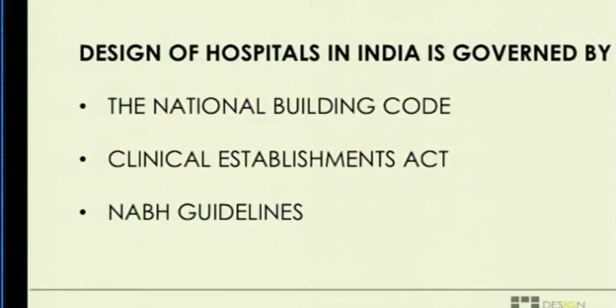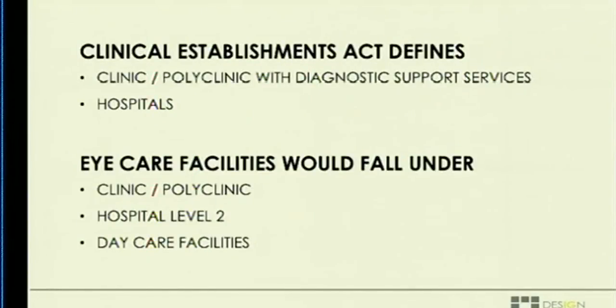In India, our design of hospitals is fundamentally governed by three major documents: the National Building Code, the Clinical Establishments Act, and some guidelines from NABH. The Clinical Establishments Act defines what is a clinic, what is a polyclinic, and what is a hospital.